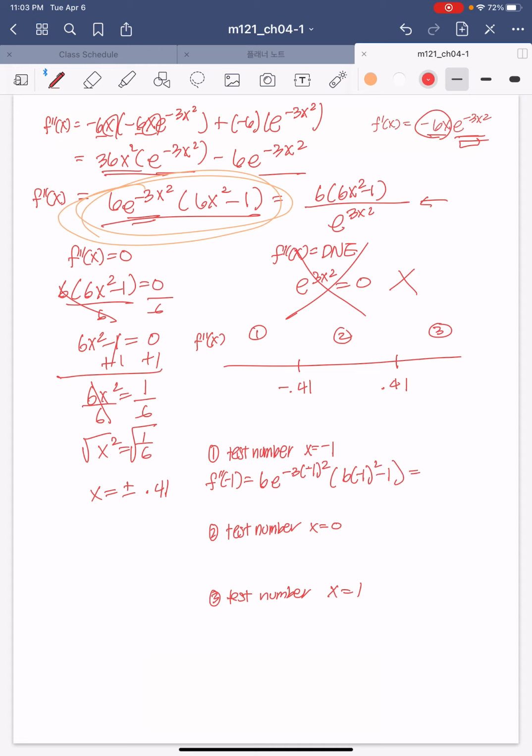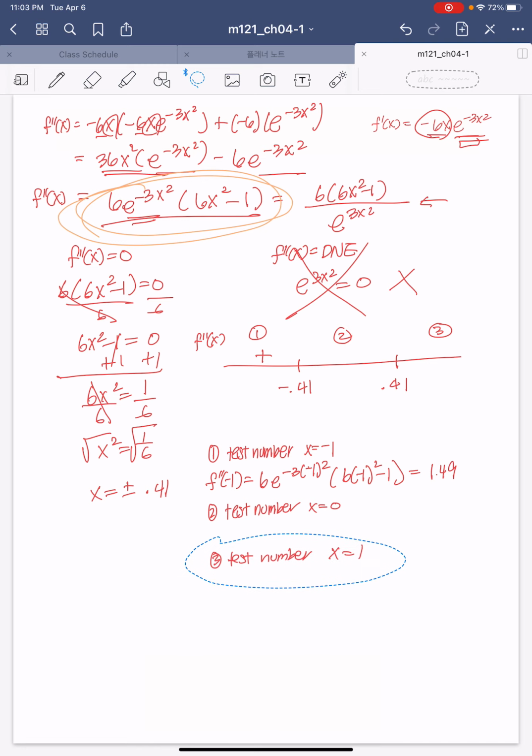Putting the whole thing directly into a calculator, I got 1.49. So that is positive. Okay, let's use 0. f double prime of 0 is 6e raised to negative 3 times 0 squared, times 6 times 0 squared minus 1. Putting it into a calculator, I get exactly negative 6, a negative value.